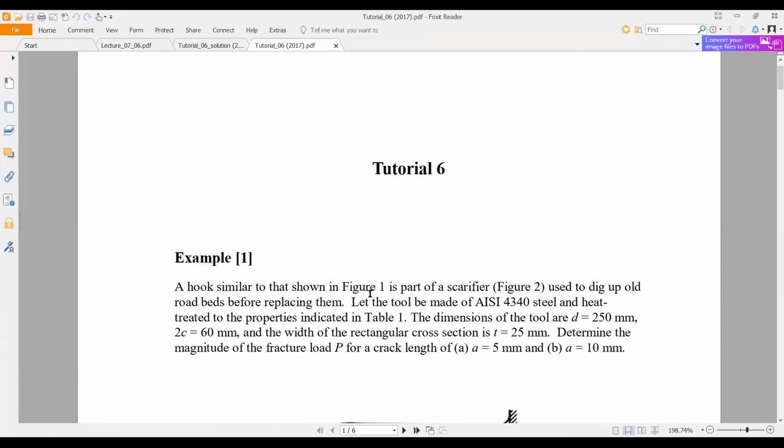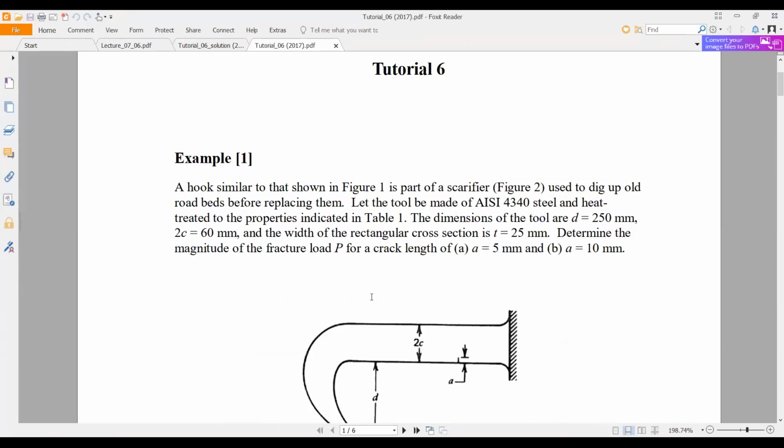So I will read the question. The hook similar to that shown in figure 1 is part of a sacrificer. Used to dig up old road beds before replacing them. Let the tool be made of steel heat treated to the properties indicated in table 1.